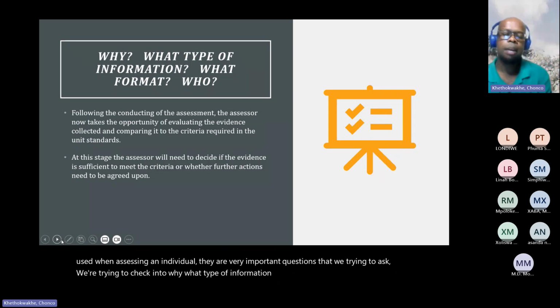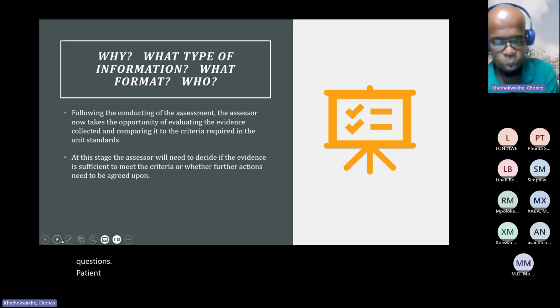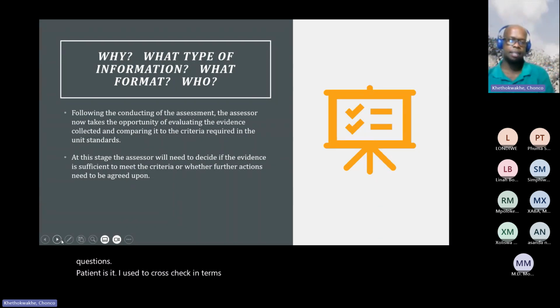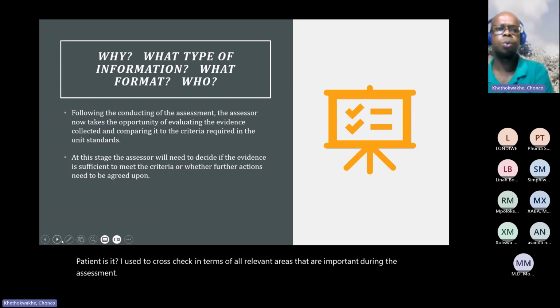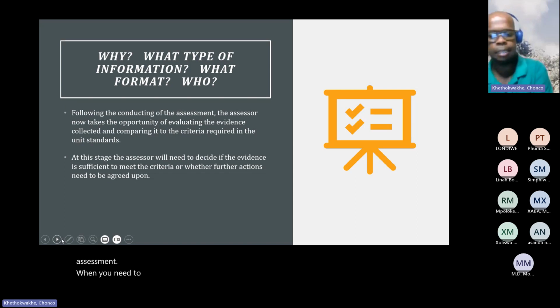Those very important questions are used to cross-check all relevant areas that are important during the assessment. Like when you need to also check why this assessment is conducted.